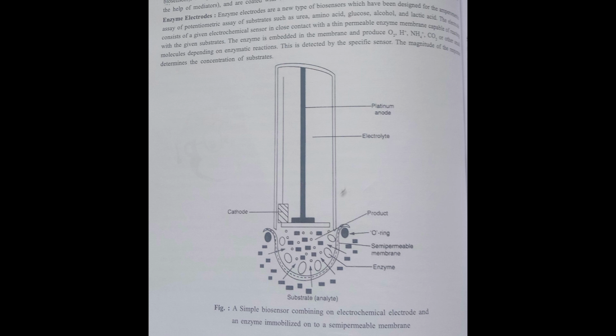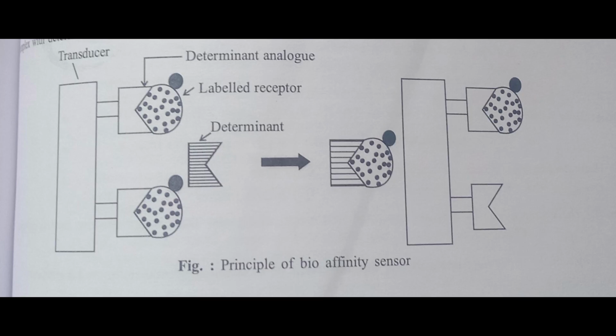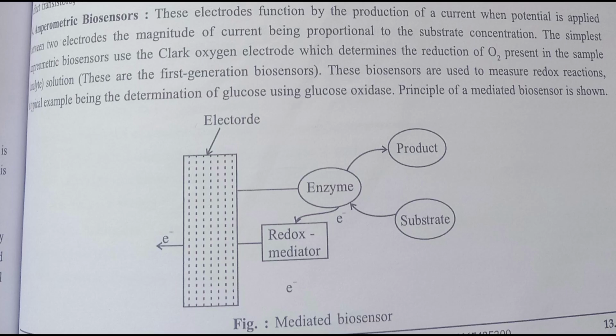Hence the field effect transistor measures biochemical reactions at the surface and converts them into current. Moreover, the field effect transistors can be modified to ion sensitive, enzyme sensitive or antibody sensitive ones by using the sensitive ions, enzymes or antibodies respectively.